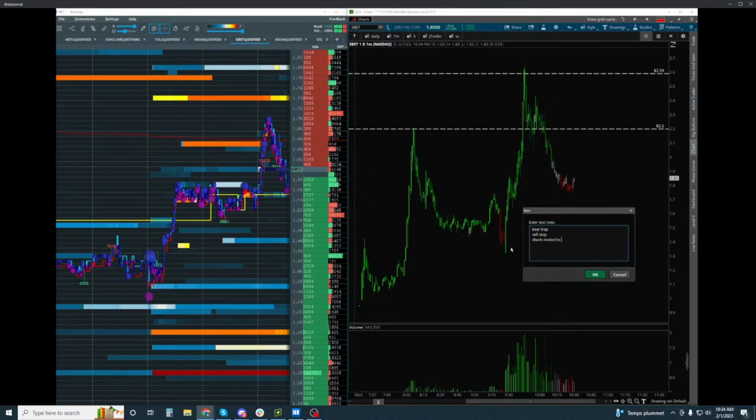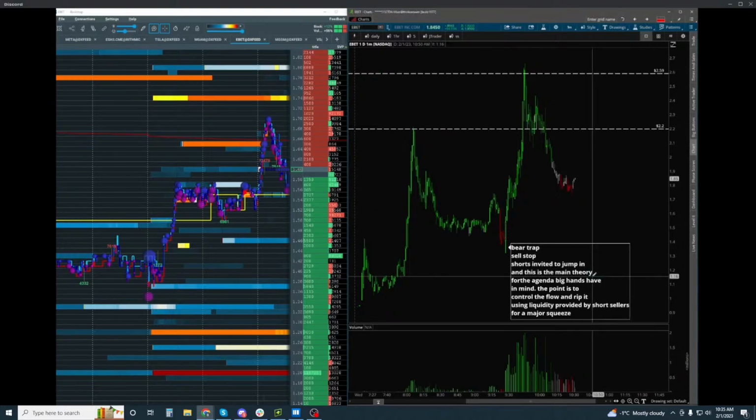I cannot write, right? To jump in. And this is the main theory for the agenda big hands have in mind. The point is to control the flow and rip it using liquidity provided by short sellers for a major squeeze. Is it clear, guys? This is the agenda. Okay? This is the agenda.